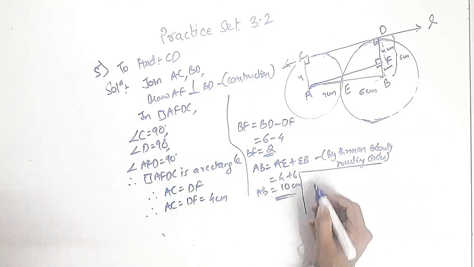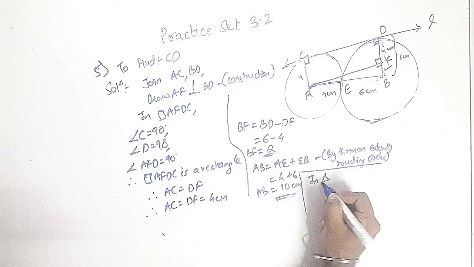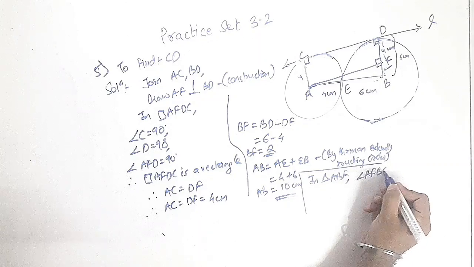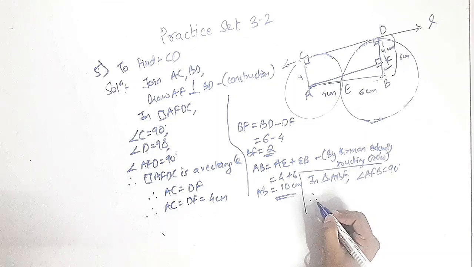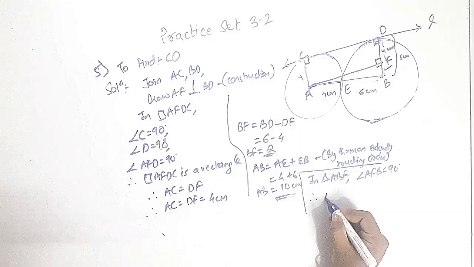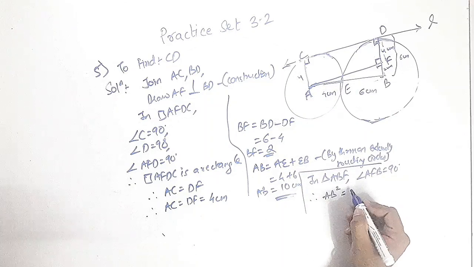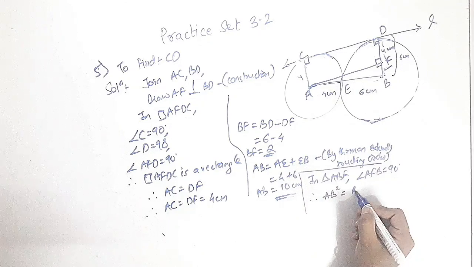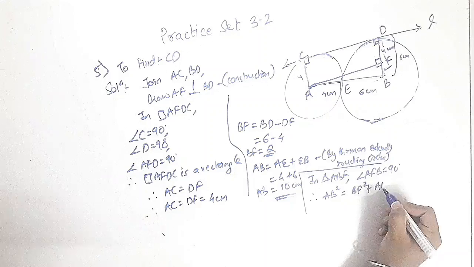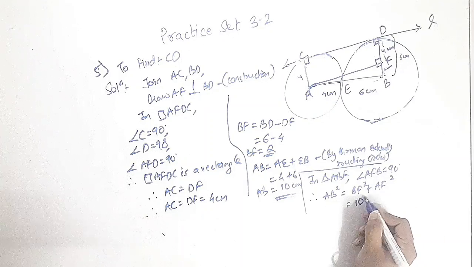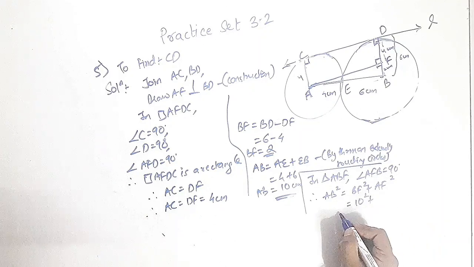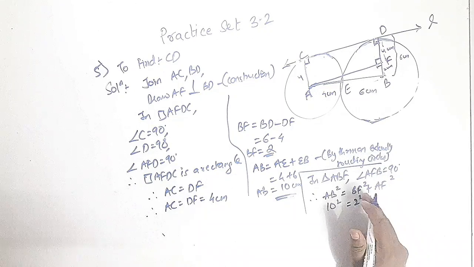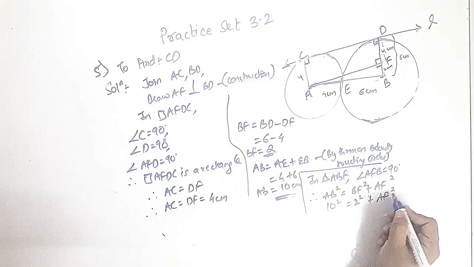Now, simple. In triangle ABF, angle AFB equals 90 degree. Therefore, AB square is equal to, AB is the hypotenuse, BF square plus AF square. So it is 10 square, AB is 10 square, and BF is 2 square plus AF square.